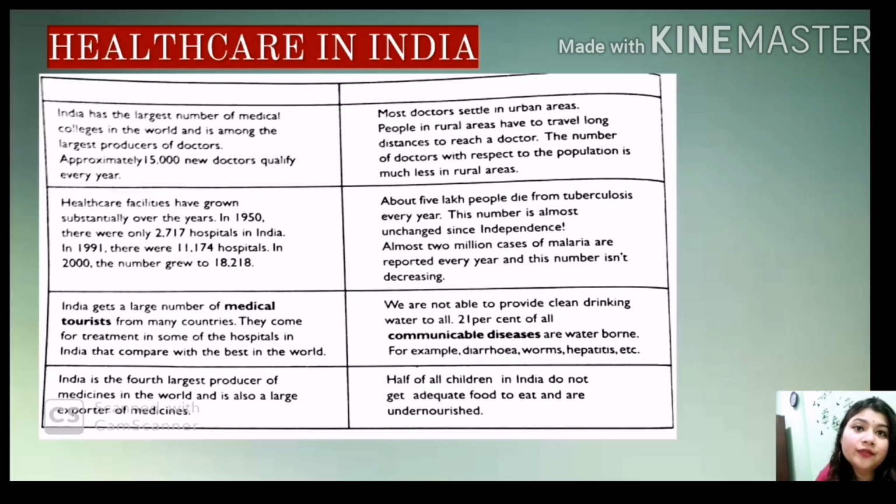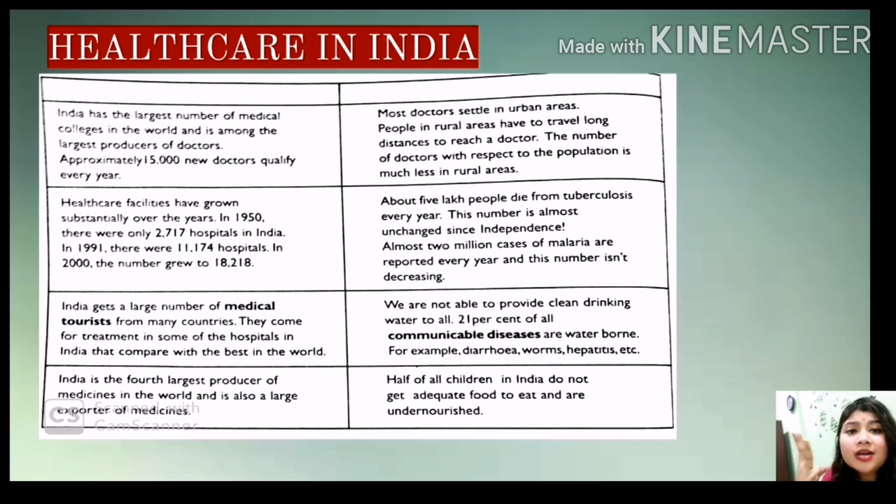After that, we have known some of the positive as well as negative aspects in the healthcare system of India. India has the largest number of medical colleges in the world, and also India is one of the largest producers of doctors. Healthcare facilities have grown substantially over the years.